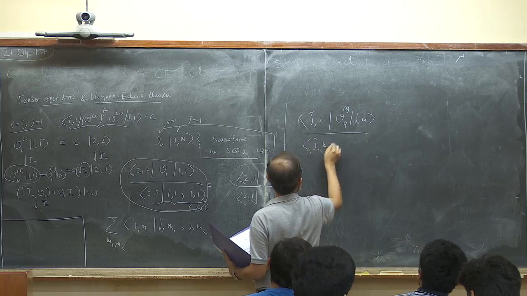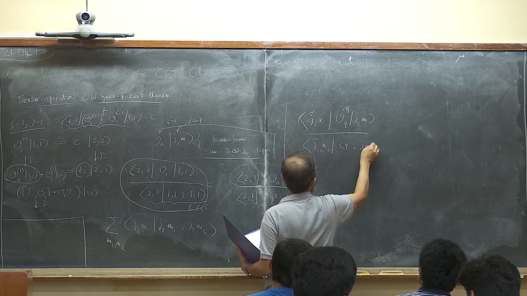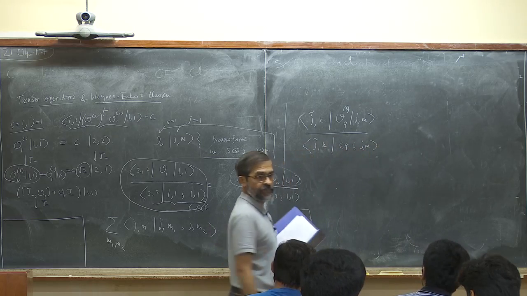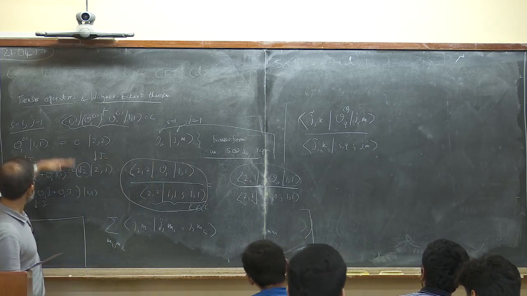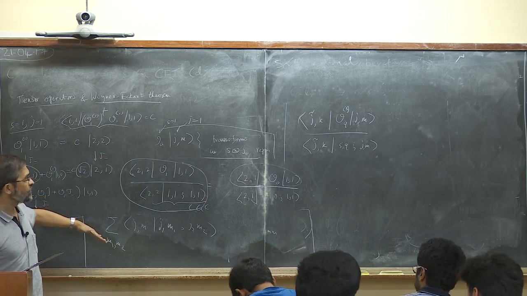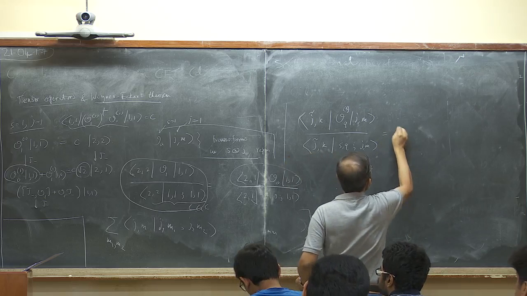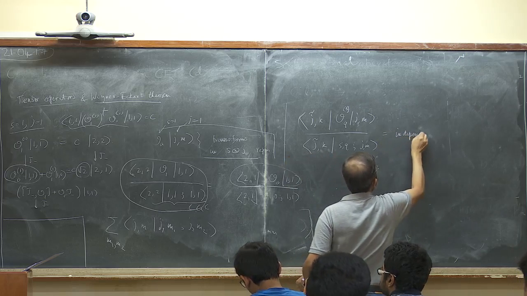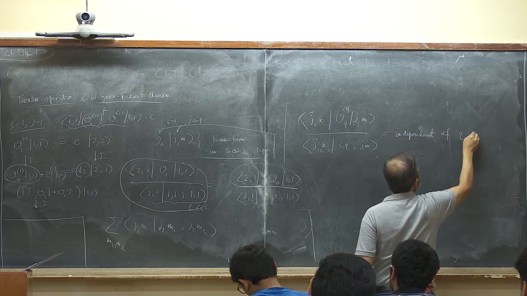The Clebsch-Gordan, namely S Q J M, and this is independent of at what level of J3 I am at. So this is in fact independent of Q and M.